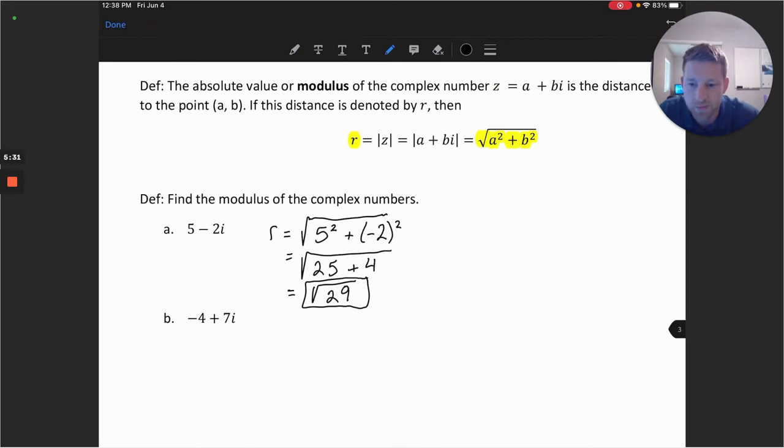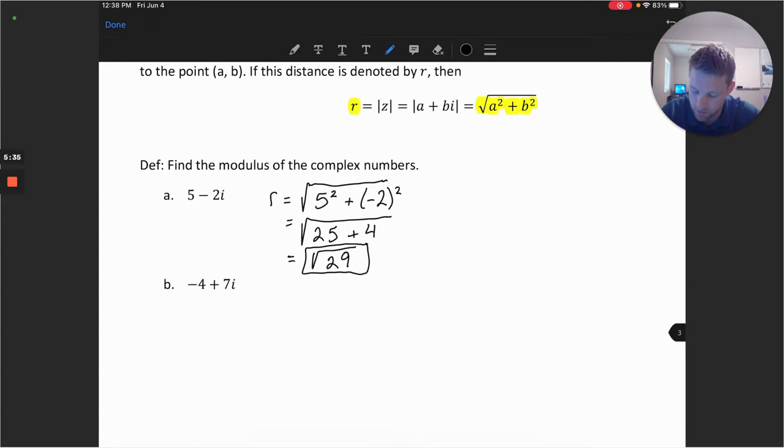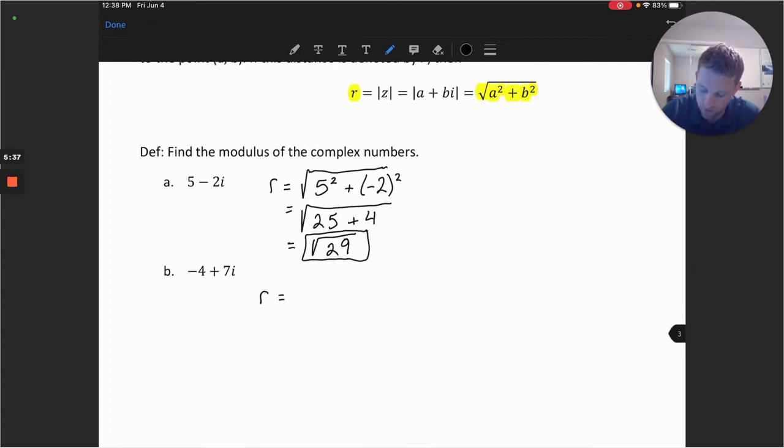We can do another example here with negative 4 plus 7i. The modulus here, r, is equal to the square root of negative 4 squared plus 7 quantity squared.